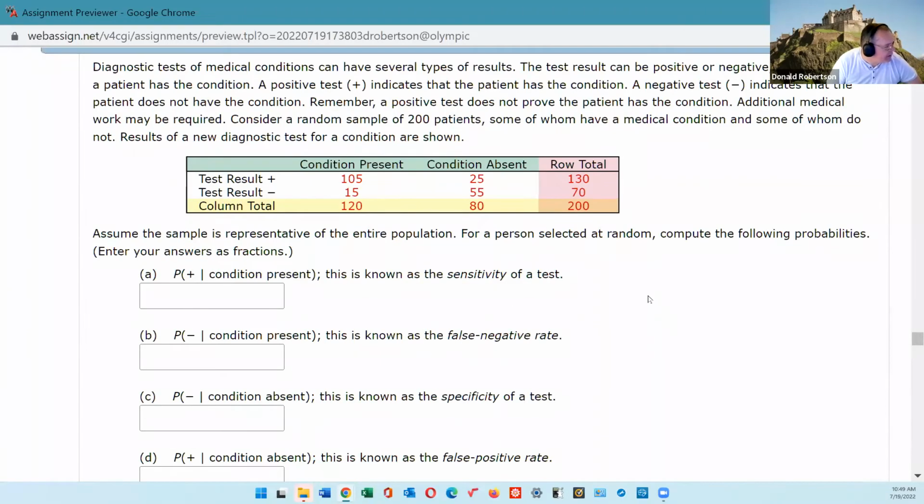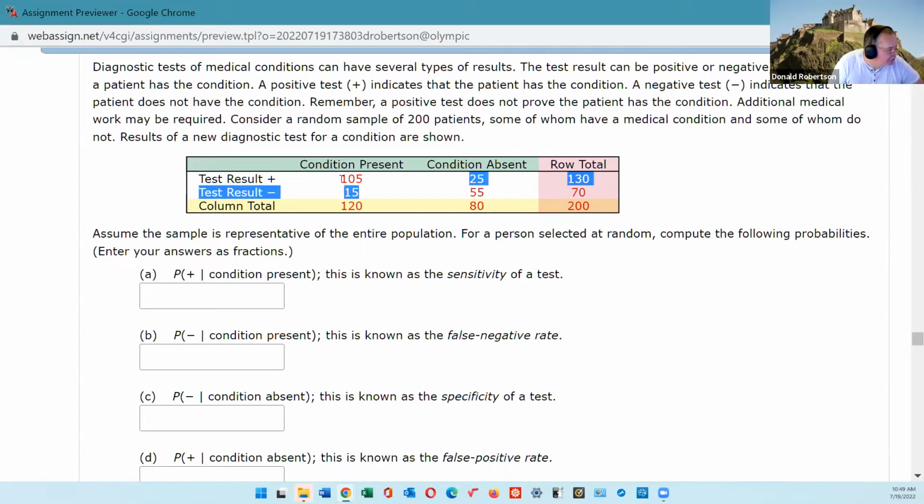Okay. Here is some data to do with a test. Let's pretend it's a COVID test, right? Somebody's got a COVID test and this is the results. You can test positive, which means the test says you've got the disease. You've got COVID. Or you could test negative, in which case the test says you don't have COVID.